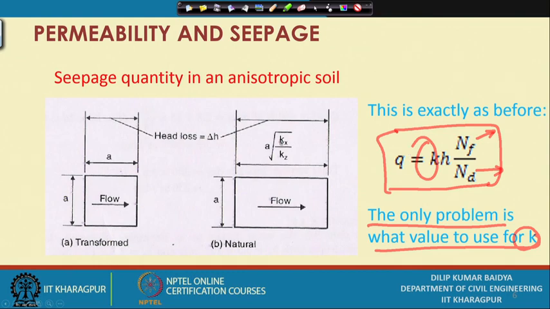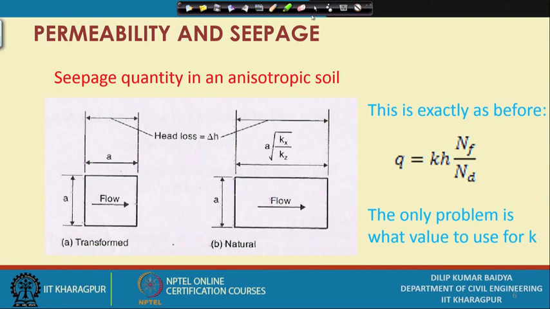You can see this was the original and this is the transformed. Original was A times under root k x by k z and transformed is A, because we have shown previously the relation between x_t and x. This is to prove only; this value can be anything and we can scale it to any value, but to prove it I have taken it this way, so that if I transform this way, then your equation can be shown properly, how it is valid.